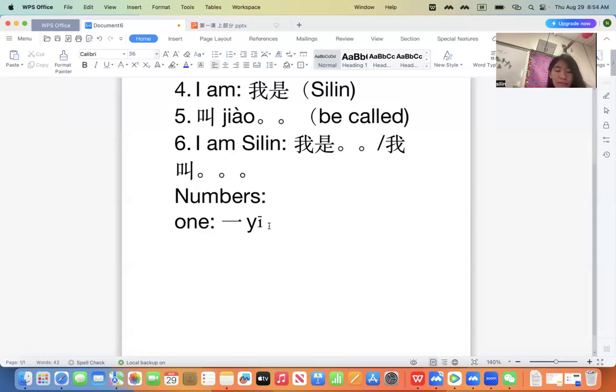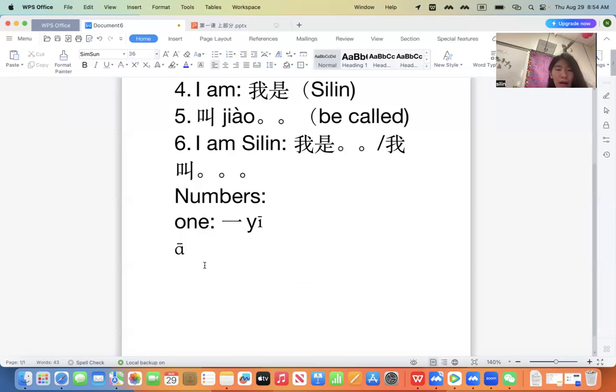The first one, let's use the letter A as an example. In Chinese, we say ā, and you see the straight line above it. That's the first tone.